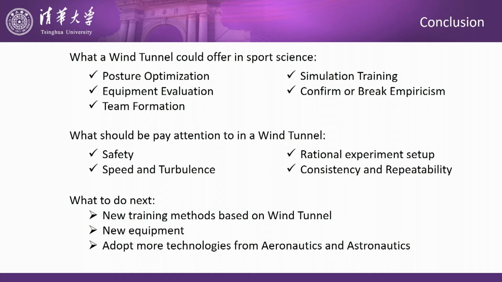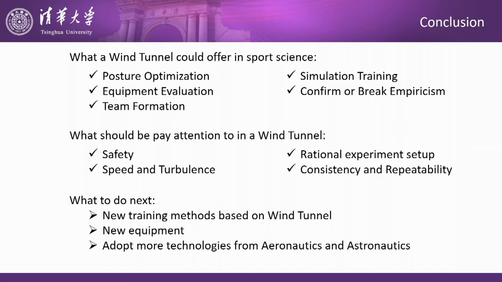It's very important. Second, what should we pay attention to in the wind tunnel? The first one is safety. Every time we start a wind tunnel test, I ask my students to clean the ground. Even a nail goes into the wind and it's a bullet. It's very dangerous, so safety is an issue. Second, speed and turbulence.